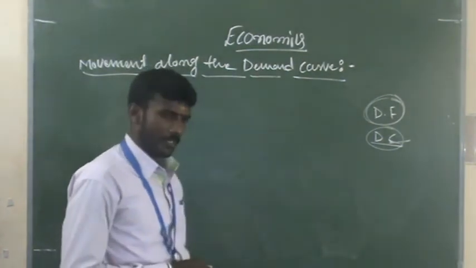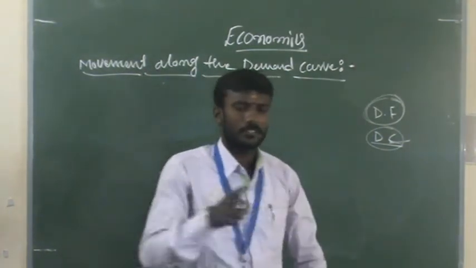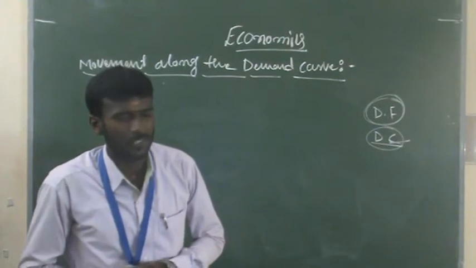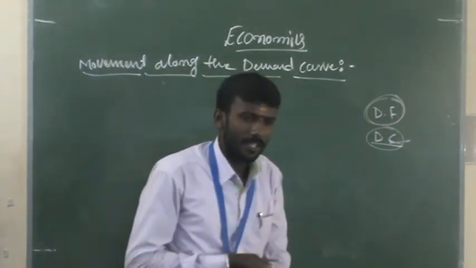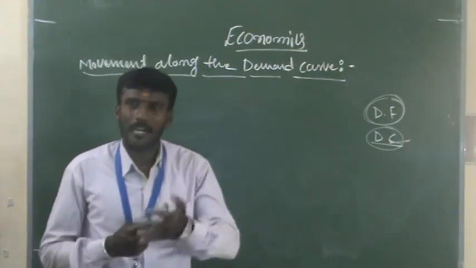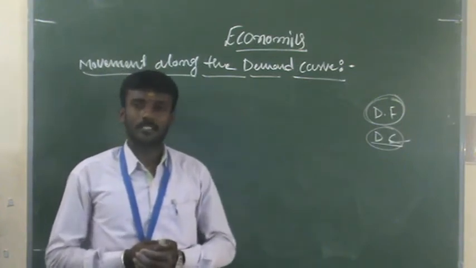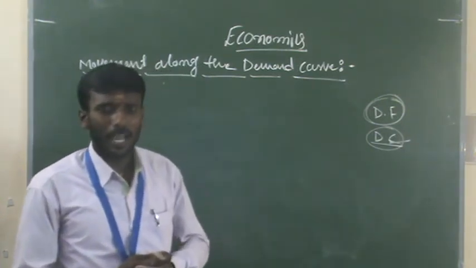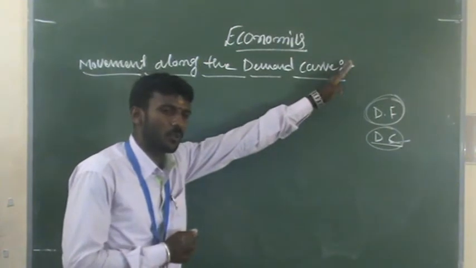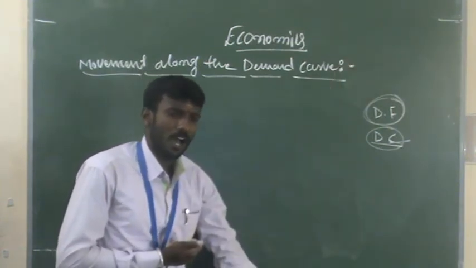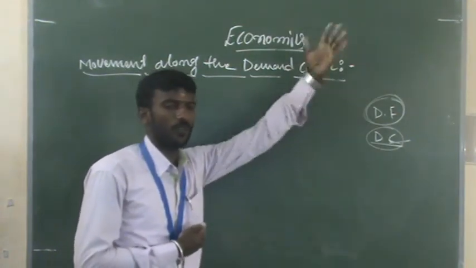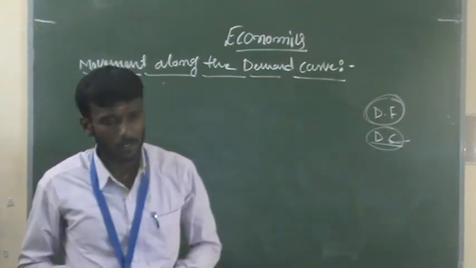When the price of the good decreases, the demand for that good increases. Well children, this is clearly what the law of demand shows, and vice versa also the same.